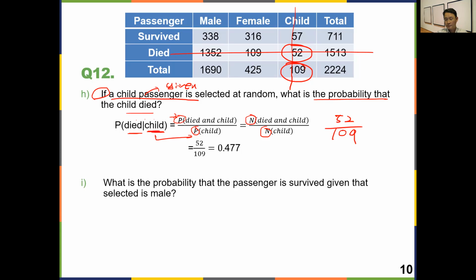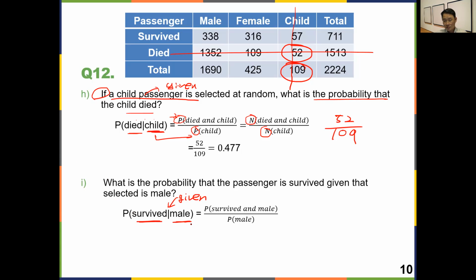Passenger survived, given that it's going to be male. Right? Survived, given that it's going to be male, just like that.